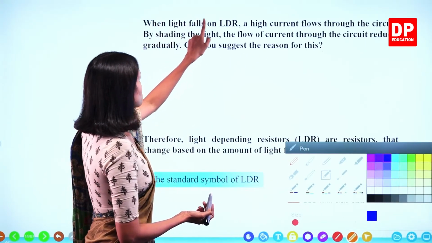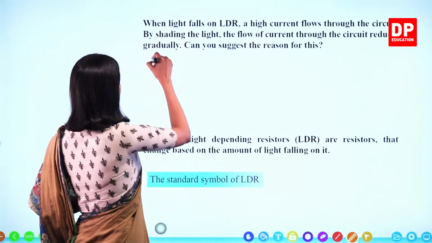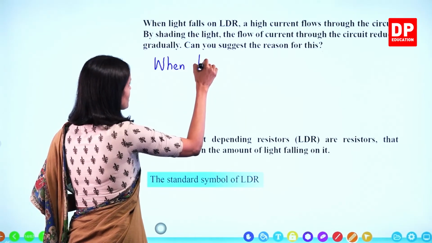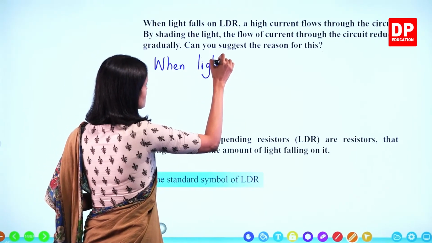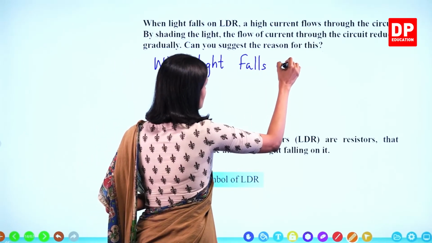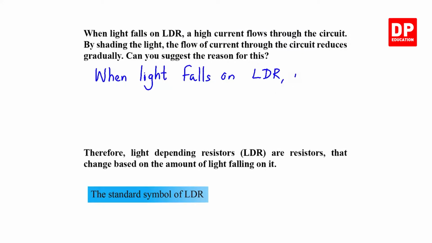When light falls on LDR, high current flows through the circuit. What is the reason? When light falls on LDR, its resistance decreases.